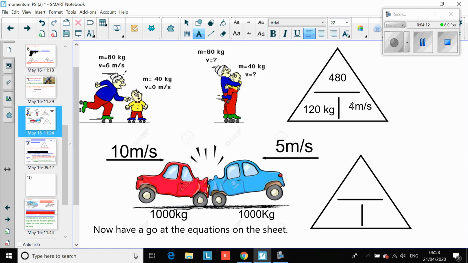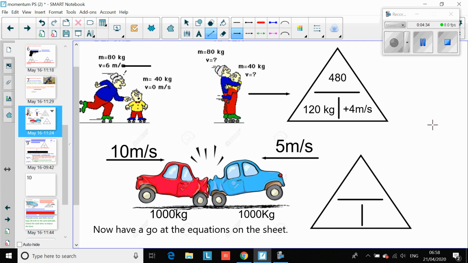However, we must remember to add a direction. Okay, because velocity is a vector quantity, she would be going, or they would be going off in this direction. So that would be positive, and if they were going that way, it would be negative. But because they're going this way, we're going to call that positive. That way is forwards, and that way is backwards.